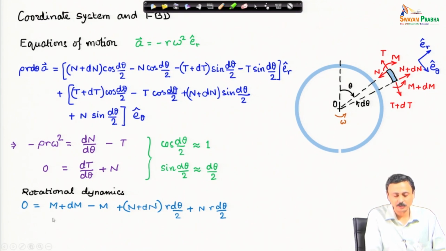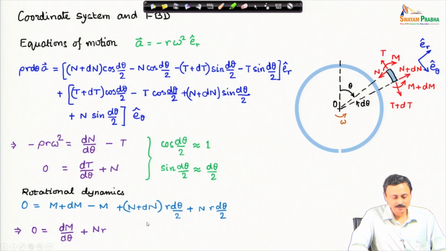Therefore, 0 is equal to the sum of all moments about the center of mass, and in that we have the bending moment and the shear force producing moments, plus first order small terms. If I simplify this equation, I get dM/dθ plus N times r is equal to 0.